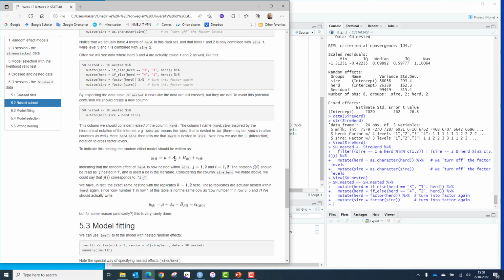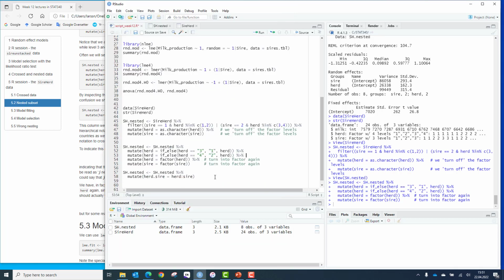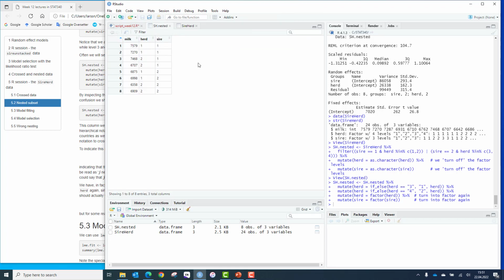So now we have the effect of sire here, and then the effect of herd, which is herd number 1 or 2 nested in sire number 1 or 2. But I'm sure that had we invented this notation today, we would have used j.i instead of j parenthesis i because of the internet. That's my guess though.